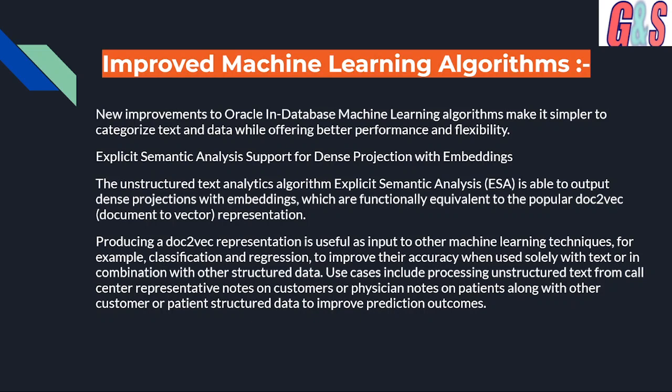Producing a doc2vec representation is useful as input to other machine learning techniques, for example classification and regression, to improve their accuracy when used solely with text or in combination with other structured data. Use cases include processing unstructured text from call center representatives' notes.